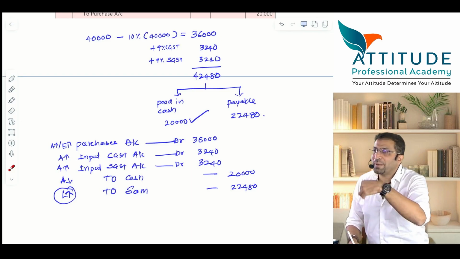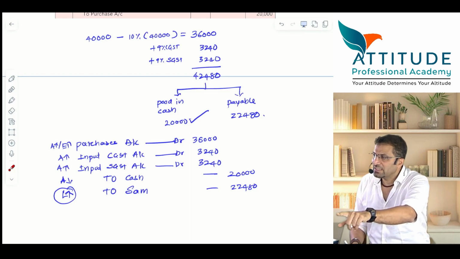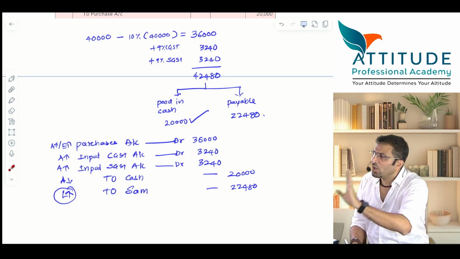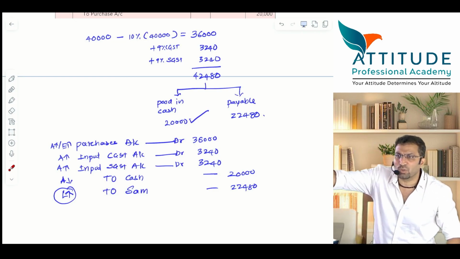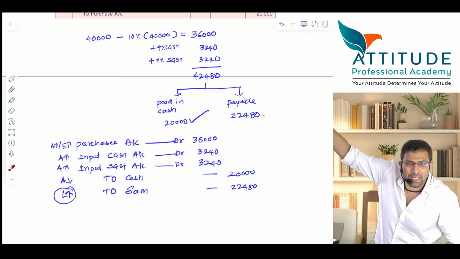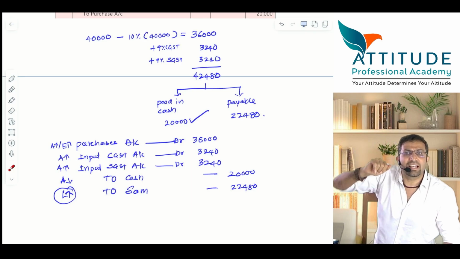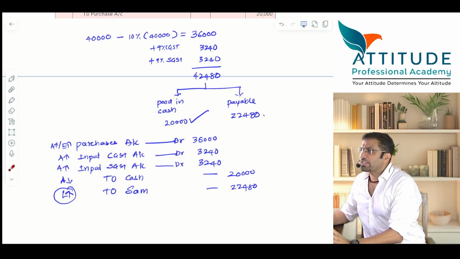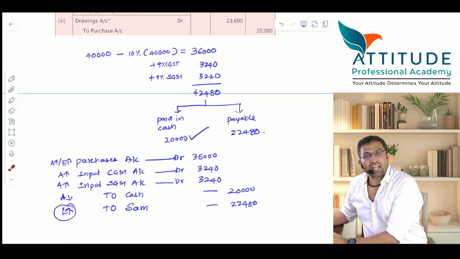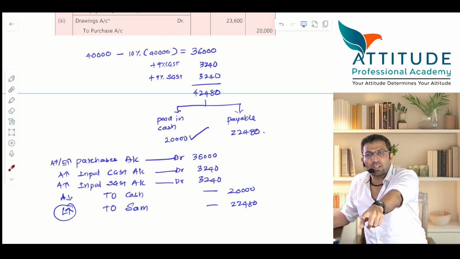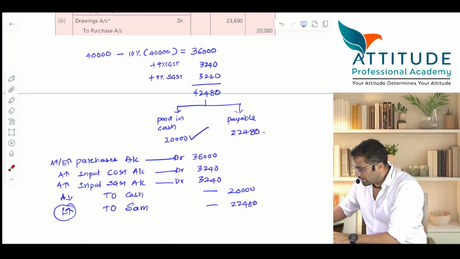So on purchases you will always have input GST. On sales you will have output GST, because on sale, when you sell the goods, you collect the money from the customer and that is payable to the government also. Yes or no? Shall we proceed? Have you taken it in your book? Are you writing it? Very good.